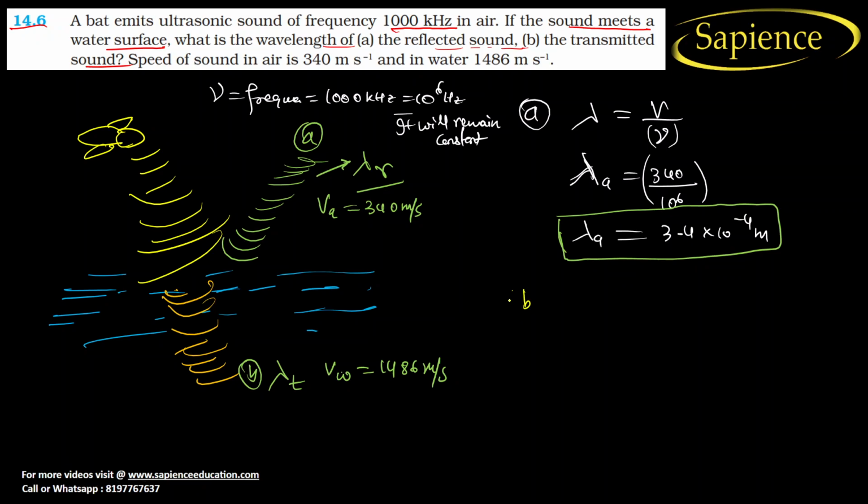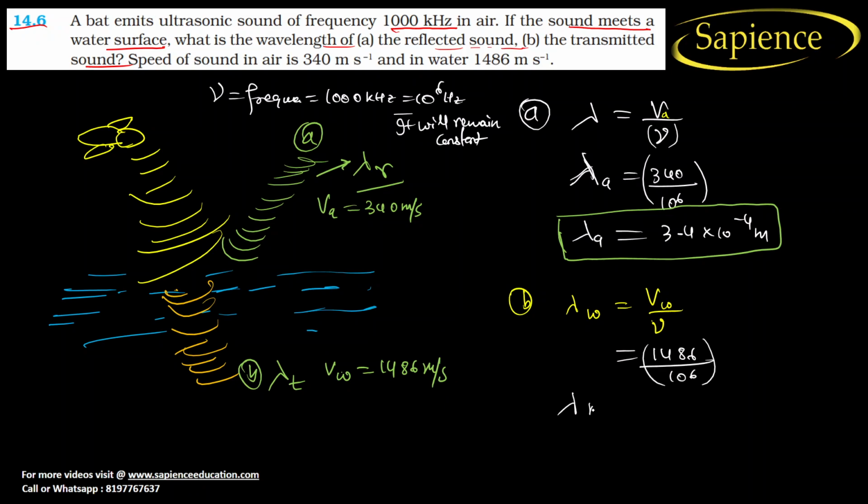In question number B, we want lambda in water. So lambda in water is equal to velocity in water divided by frequency. This was velocity in air, so now velocity of the water, frequency will remain the same. They have given 1486 divided by 10 to the power 6 hertz.